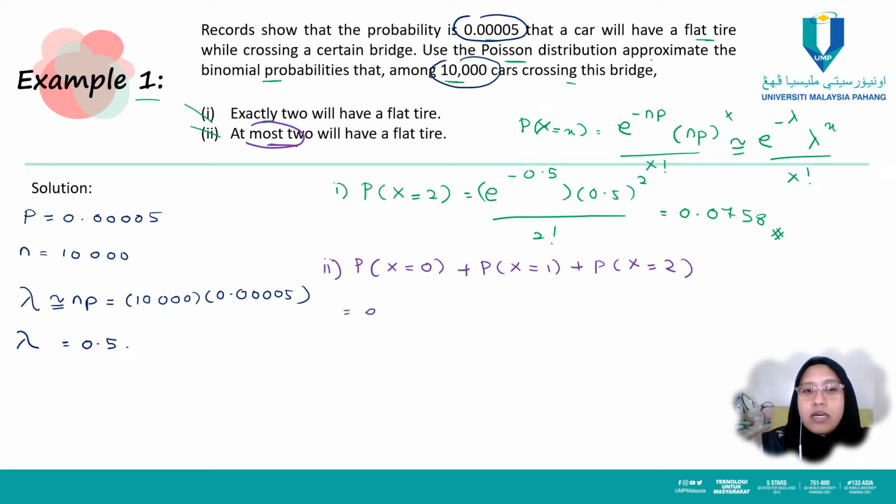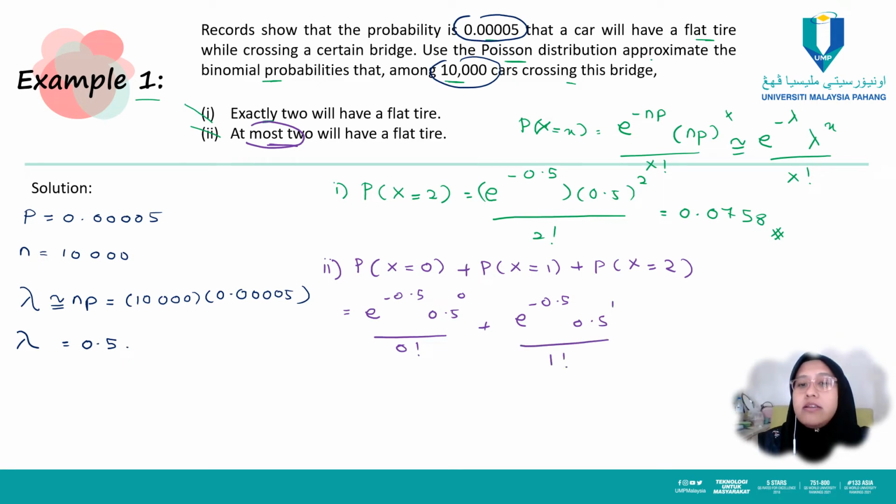Exponent minus 0.5 multiplied by 0.5 to the power of 0 over 0 factorial, plus for X equal to 1, exponent minus 0.5, 0.5 to the power of 1 over 1 factorial, and lastly plus probability X equal to 2.